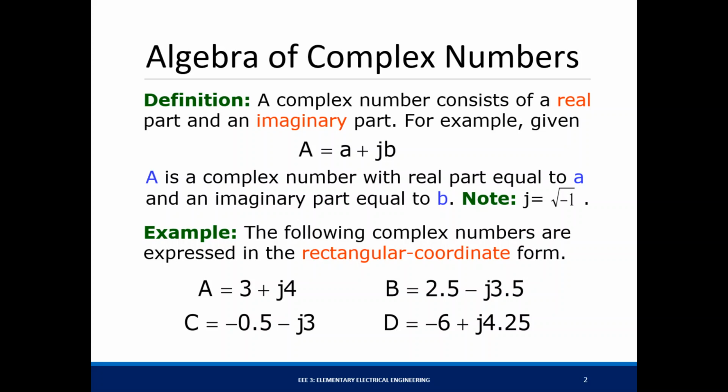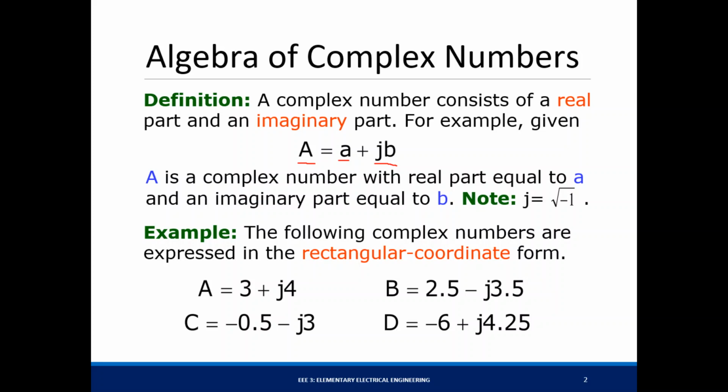Recall that complex numbers consist of a real part and an imaginary part. For example, your number A is represented as a sum of a real number and an imaginary number. So this is actually an extension of your set of real numbers. This is the set of complex numbers. So complex number A has the real part equal to small a and an imaginary part equal to b.